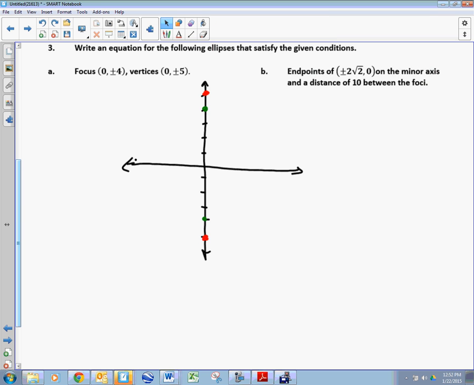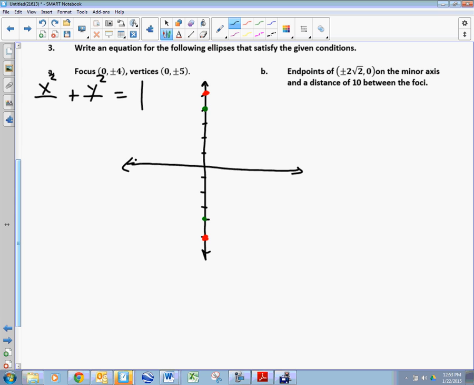So we know it's vertical. We don't know how wide horizontally this thing is stretched out. But what we could do is we could say x squared over something plus y squared over something is equal to 1. We know that that's the general form for an ellipse that's centered at 0, 0.